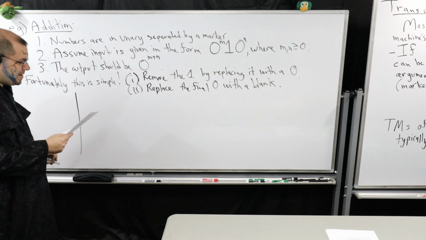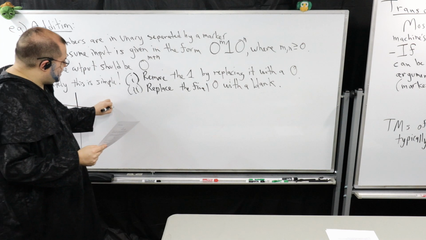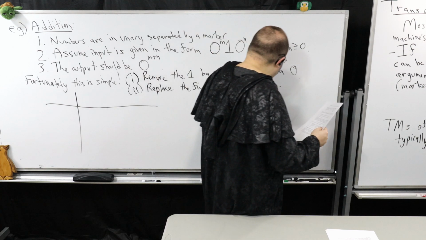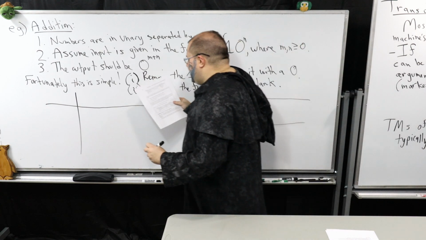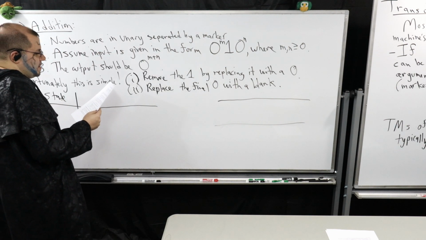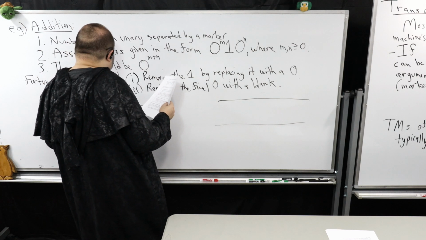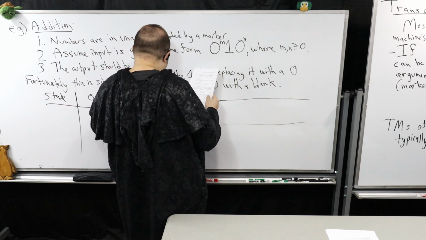So I'm going to draw a transition table, and I'm going to walk you through how this all comes together, and I'll try to keep a picture along with us while we're doing this. I'm going to have my states. Now remember, because I'm given zeros and ones, the tape symbols are 0, 1, and a blank.